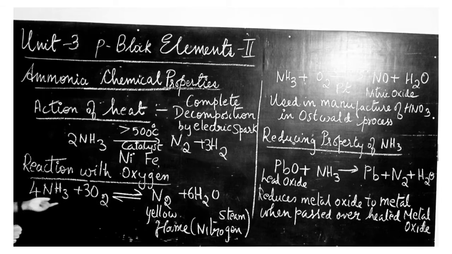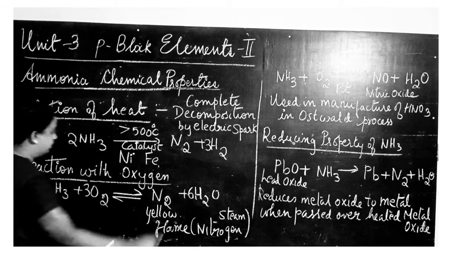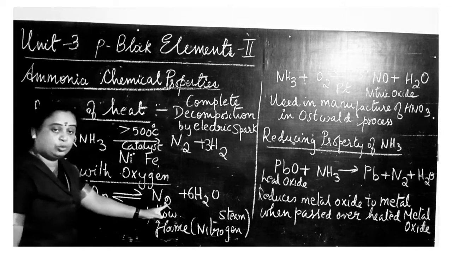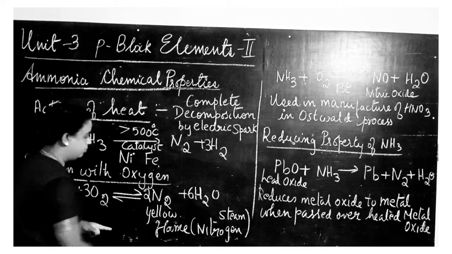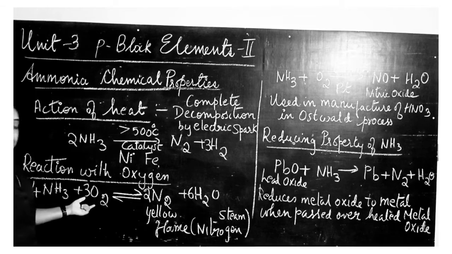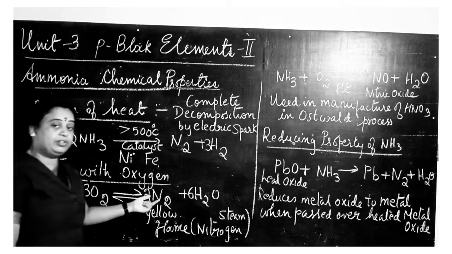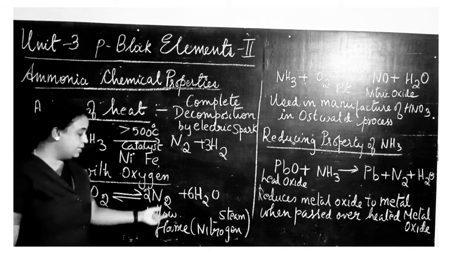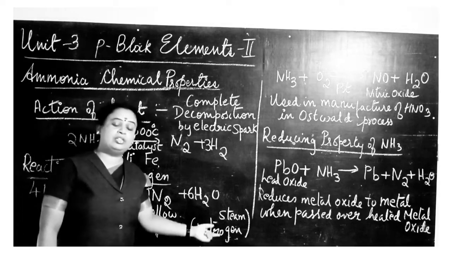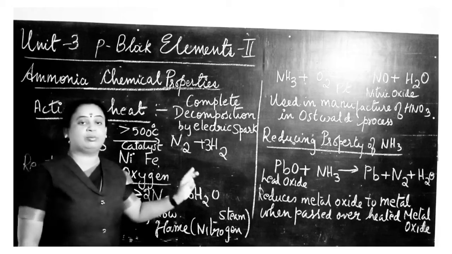Now hydrogen is balanced, 12 on the left-hand side and 12 on the right-hand side. Nitrogen is 4 on the left, whereas on the right only 2, so I put 2 there. Now this is balanced. So 4 moles of ammonia react with 3 moles of oxygen to give 2 moles of nitrogen gas, which is yellowish in the flame and acts as the nitrogen steam, along with 6 water molecules.